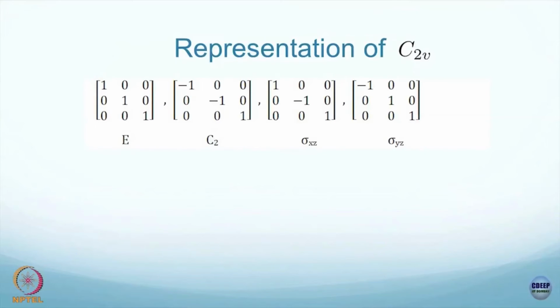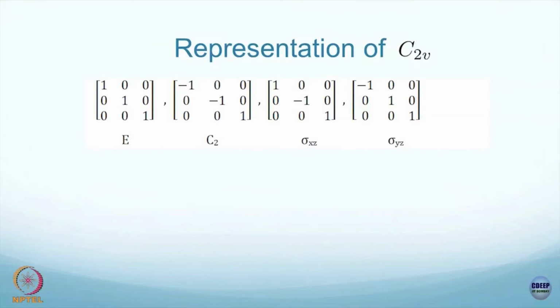The identity element is nothing but a unit operator, and C2 is a 180 degree rotation which will change x to minus x, y to minus y.